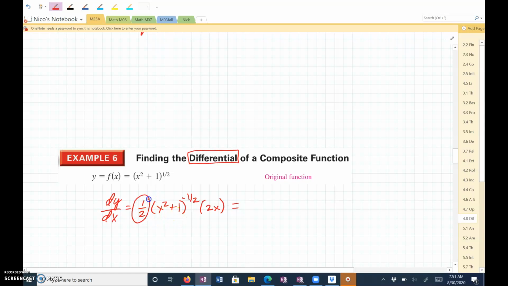Let's see, take 1/2, multiply it by 2x, that's going to end up being x times x squared plus 1 to the negative 1/2 power. So the differential dy equals x times x squared plus 1 to the negative 1/2 power dx.